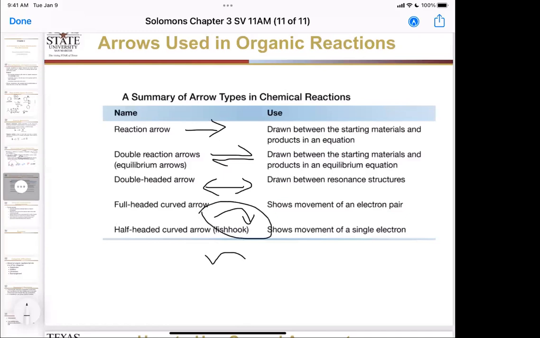When you're moving electrons, it's a curved arrow. Okay, so we have 5 different arrows that we can play with. Straight arrow for reactants, double arrows going both directions for equilibrium, double-headed arrow is resonance, and then our curved arrows to move electrons. Questions on that?